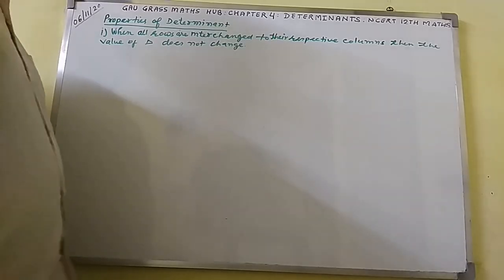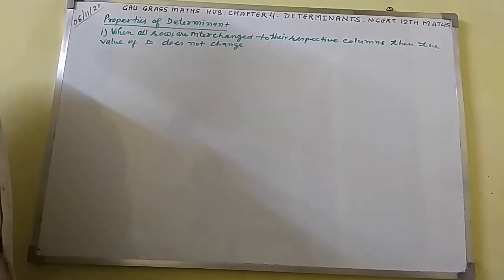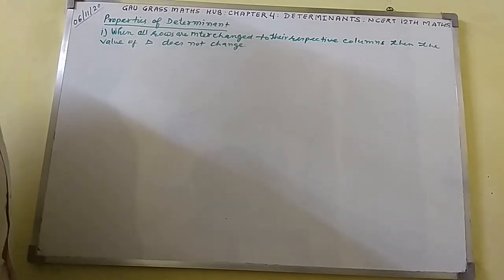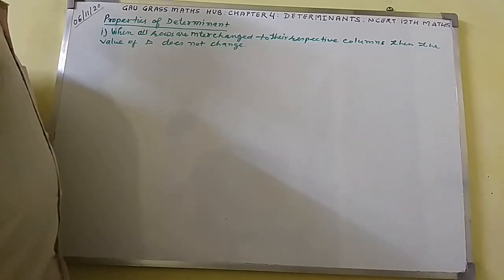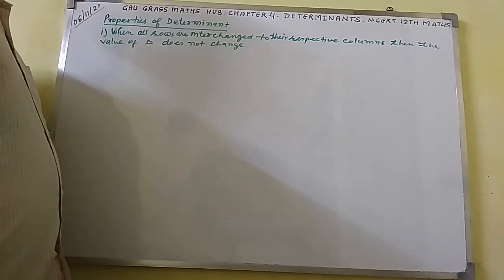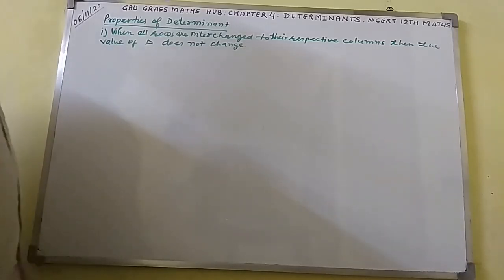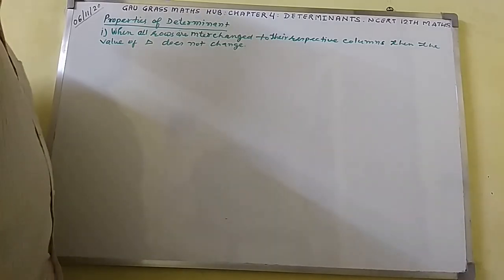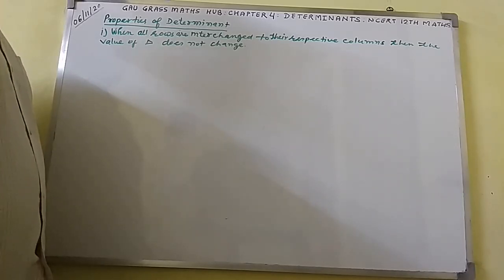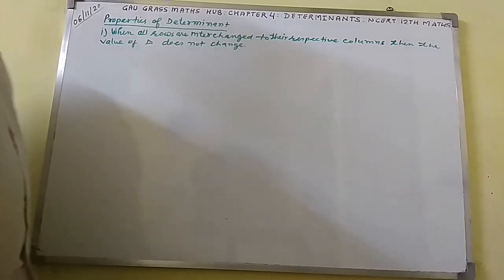Property number 1, I am going to explain with the help of an example. Property number 1 means that when all rows of a determinant are interchanged to their respective columns, then the value of the determinant will not change at all.